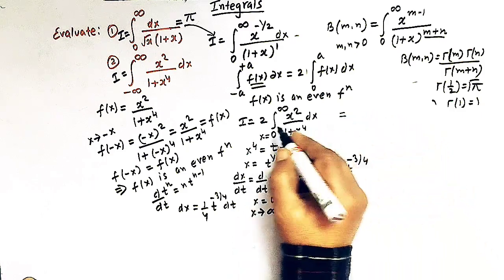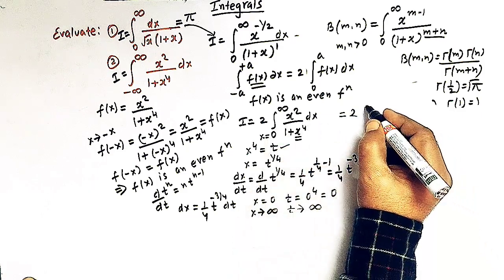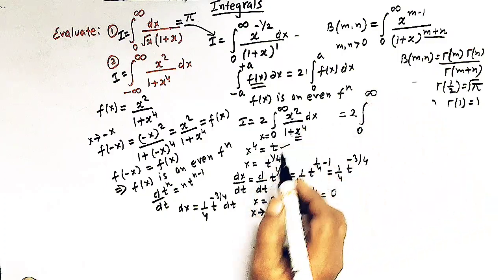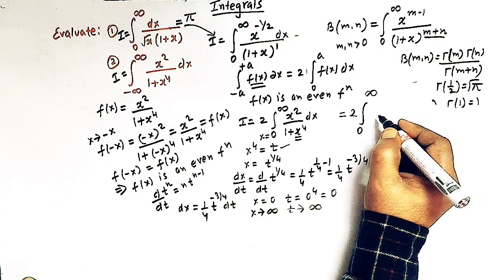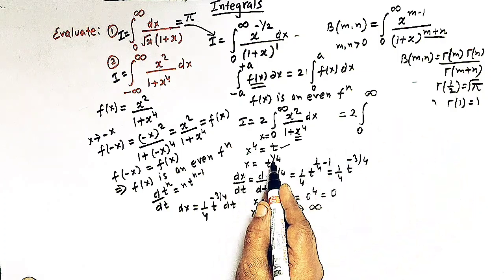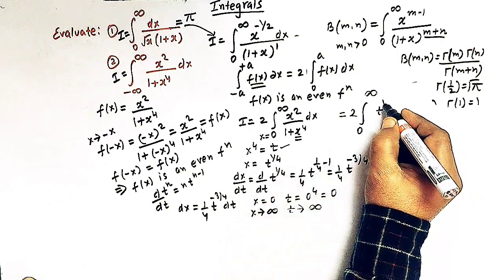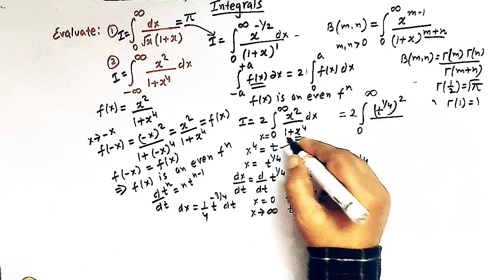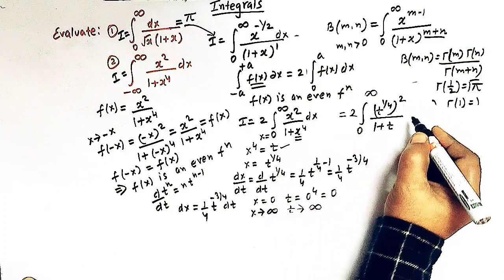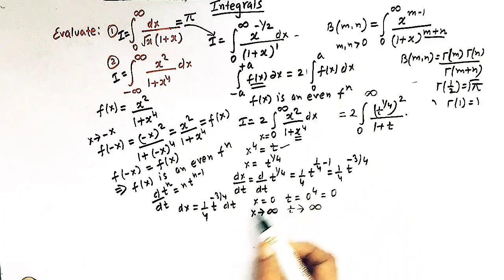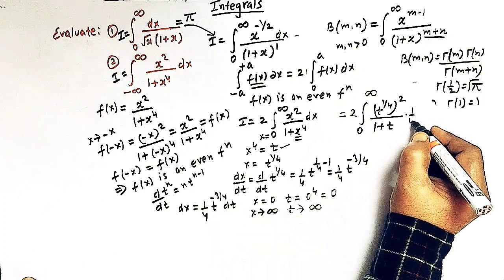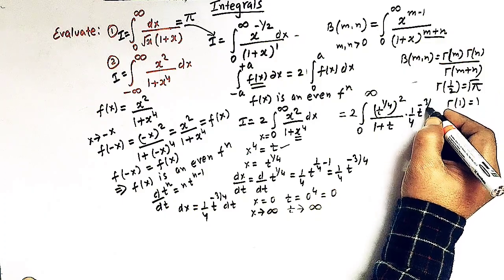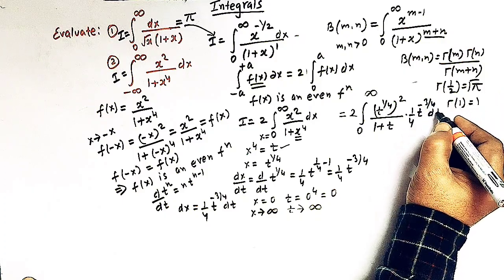So now this integral can be written as 2 times 0 to infinity, and for x square we can now write x is equal to t raised to 1 by 4. So we have t raised to 1 by 4, and then we have the square and 1 plus t, and for dx we can write 1 over 4 t raised to minus 3 by 4 and dt.